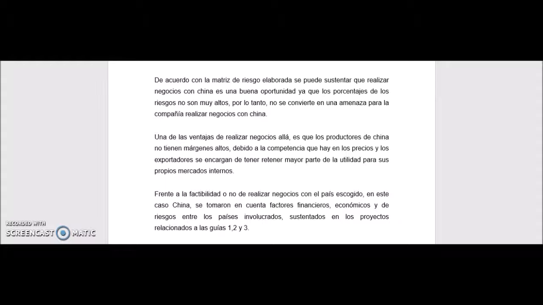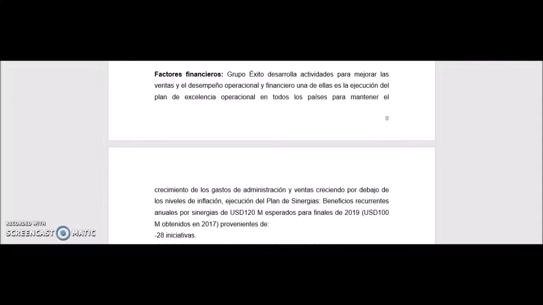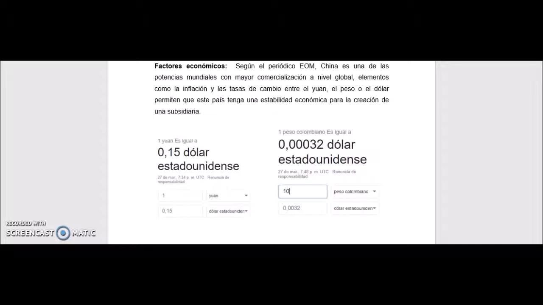And according to what we saw in the financial part, Éxito is developing lots of activities to increase their sales and improve the operations inside. So they are making an excellence plan, so that they can keep the improvement. And well, it's basically helping them, taking into account the economic factors.